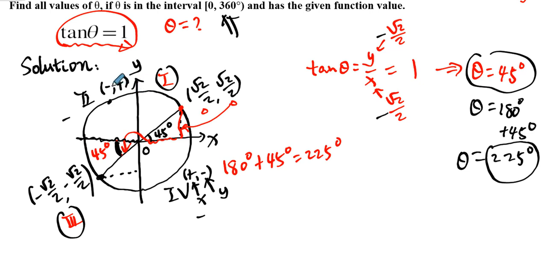Then here is positive over negative. You shall have a negative here, and negative here. So cosine is negative in quadrants 2 and 3. Tangent is negative in quadrants 2 and 4, positive in 1 and 3.